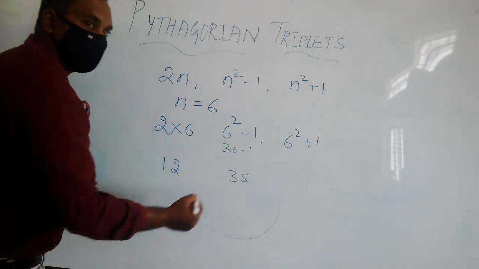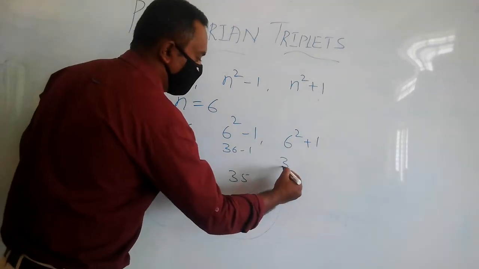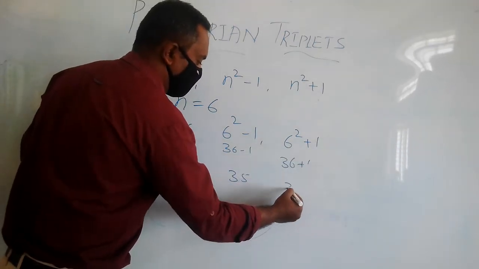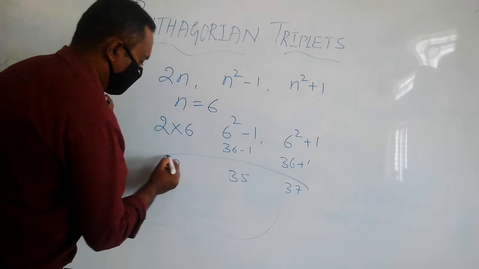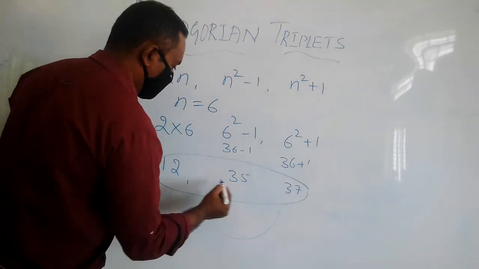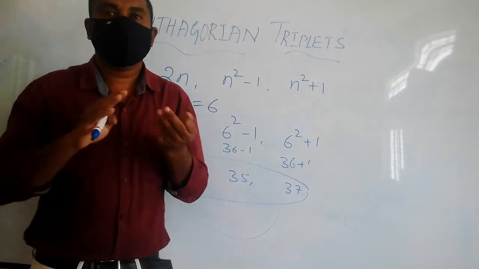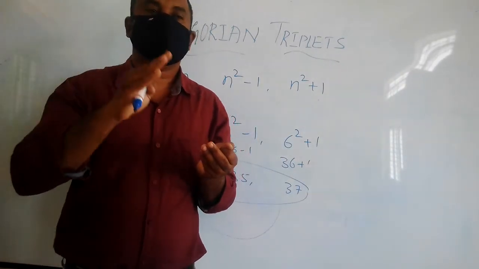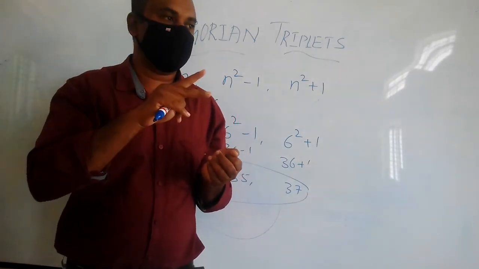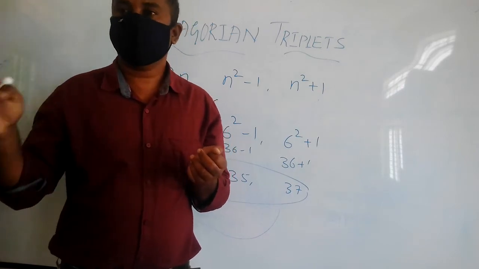Clear? 6 square means 36, plus 1, 37. So again 12, 35, 37 are the Pythagorean triplets. The remaining problems from exercise 6.2, solve them as homework. Okay.